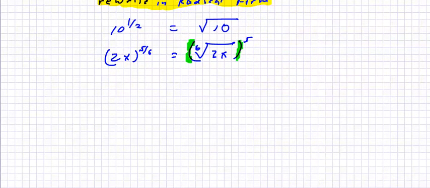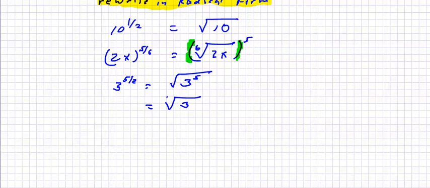Let's look at one more. 3 to the 5/2 is the square root of 3, and notice we do not put the 2 there, raised to the 5th power. All right, pretty straightforward.